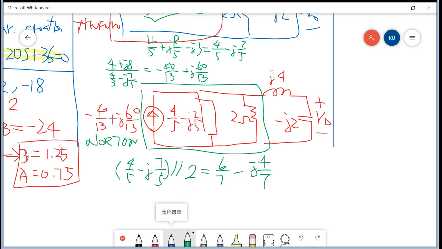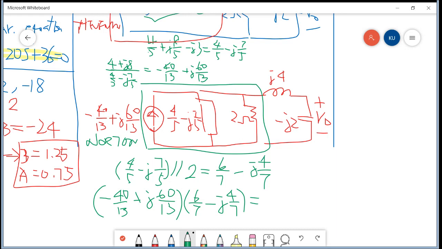And also we would like to find minus 40/13 plus J60/13 multiplied by this 6/7 minus J4/7, and this is a pure imaginary number, J40/7.